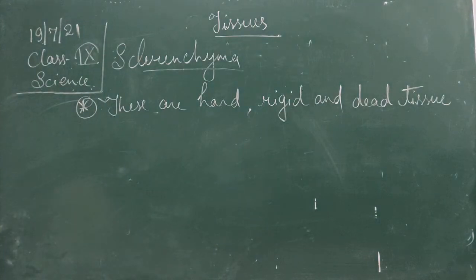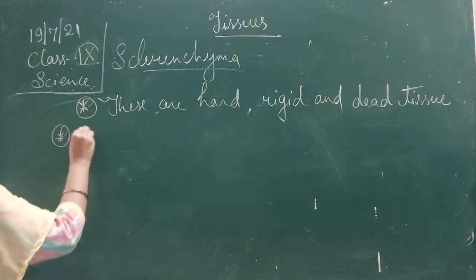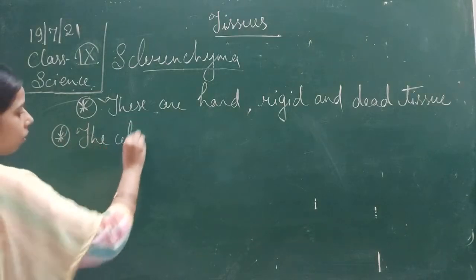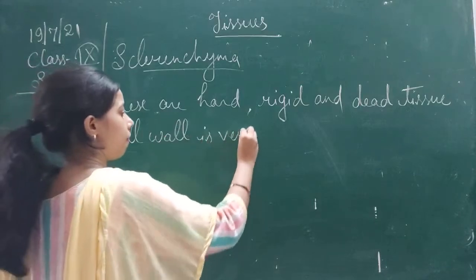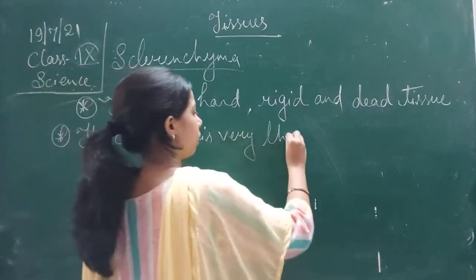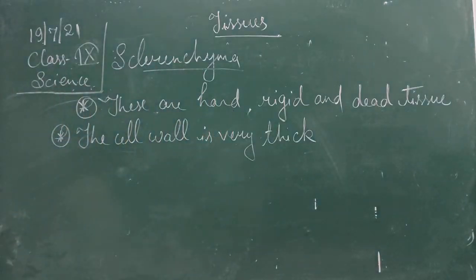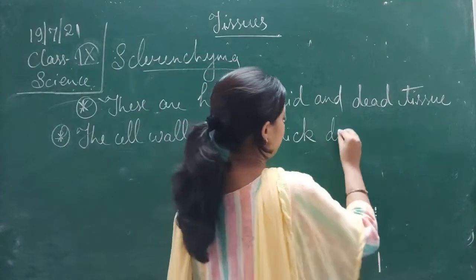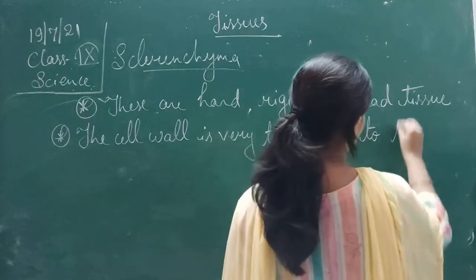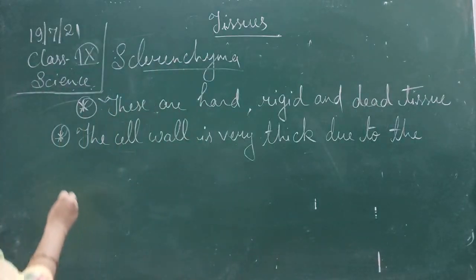Then the second one: the cell wall is very thick. The cell wall is very thick due to the deposition of lignin.